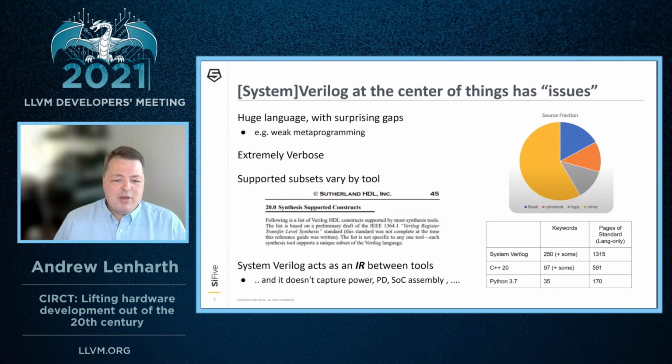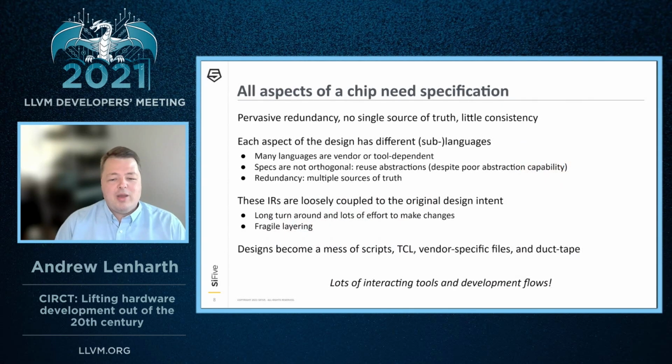So we have to think about this process as having these core IRs that are being used by lots of tools. And what do I mean by the IRs being used by tools? A lot of these parts of the design process don't fit in Verilog.